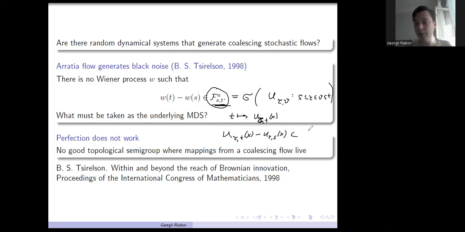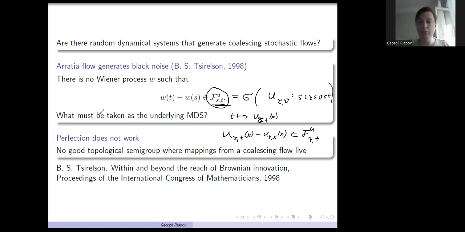This increment will be adapted to F_RT, not F_ST. So the filtration generated by the Arratia flow is so-called black. By black noise, we understand filtrations that don't allow increments of a Brownian motion.